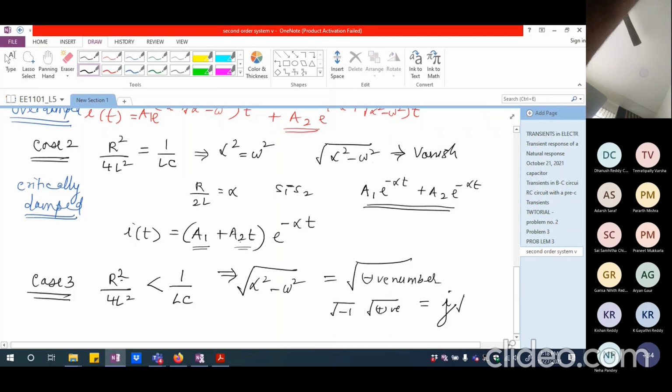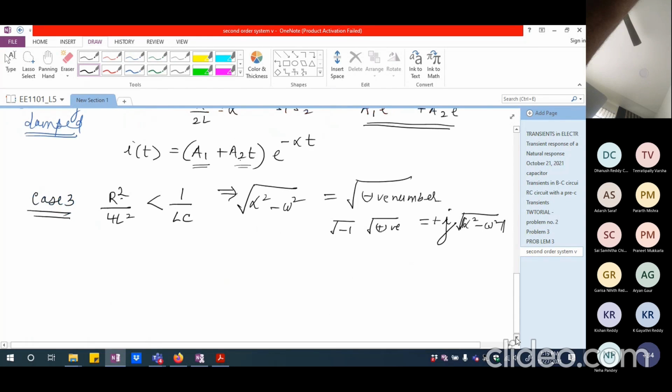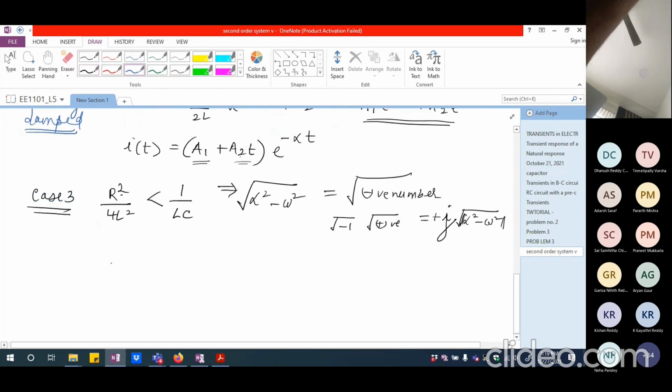And that is going to be multiplied by square root of omega square minus alpha square, which is the actual quantity, only we are looking at the magnitude. So overall the roots S1, S2 are going to be minus alpha plus or minus J times square root of omega square minus alpha square.